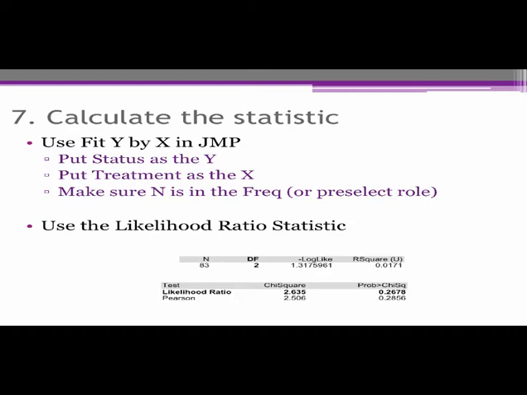We're going to use the likelihood ratio test statistic here. You could use the Pearson, but the likelihood ratio test statistic has been shown to be a more robust statistic. That is, it withstands departures from our assumptions better than the Pearson chi-square does. So just make sure that you use the likelihood ratio test statistic.